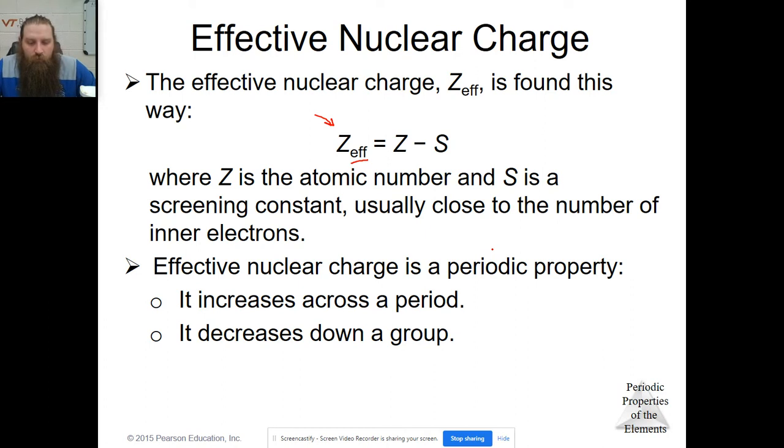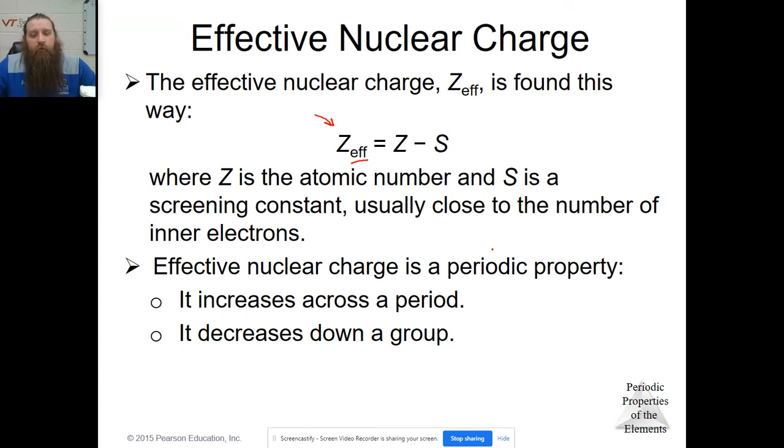That is not entirely accurate. If you go on to do some more advanced chemistry, you'll see how to calculate S. I didn't see what S actually was until I got to grad school. For our purposes, just use the number of inner electrons unless they give you an S value.